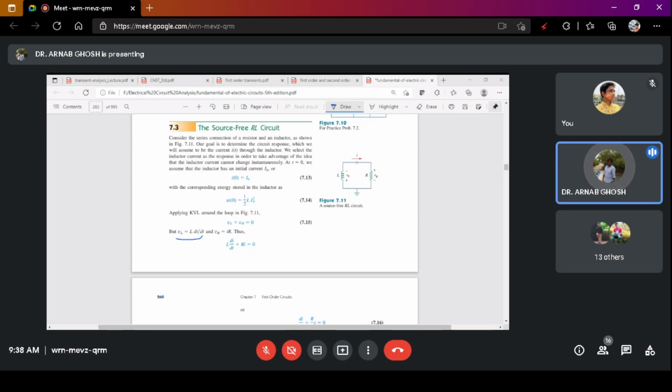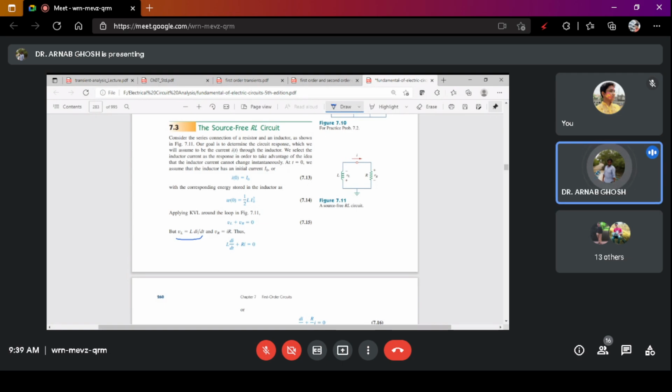As the current across the inductor is changing, so will be the voltage developed across the inductor. So VL is equal to L multiplied by di by dt. This is your voltage across the inductor.